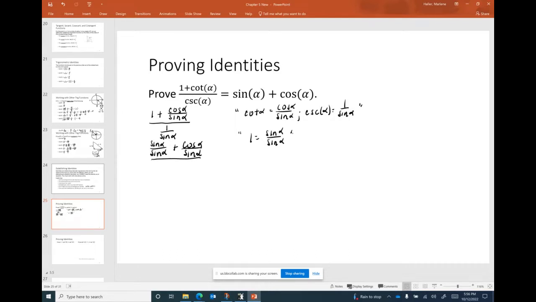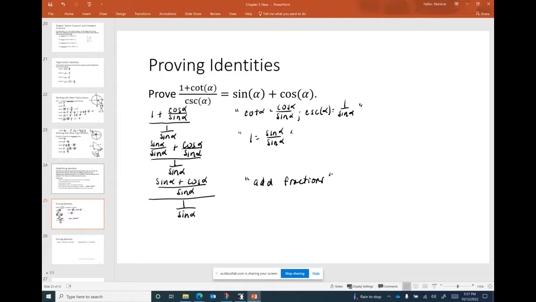Then I'll be able to add the numerators. I just copy down that denominator, 1 over the sine of alpha. So when I add them together, then I'll have the sine of alpha plus the cosine of alpha over the sine of alpha, all of it over 1 over the sine of alpha. And my reason that I can do that is adding fractions. I'm just adding the fractions. There's my justification.